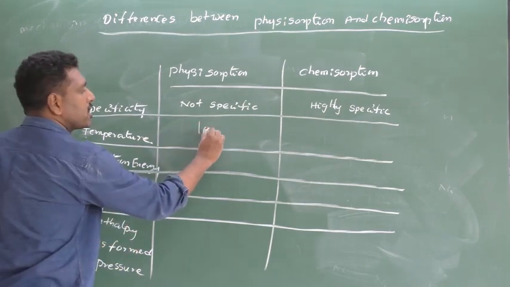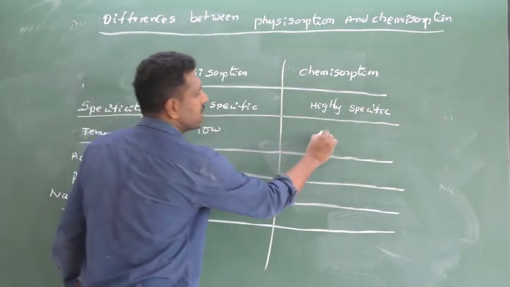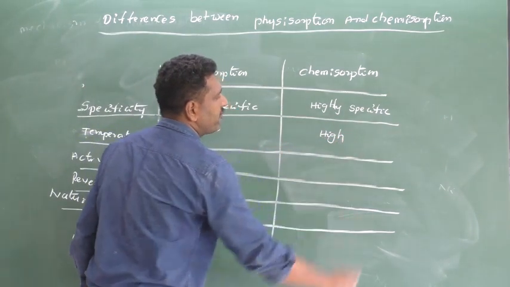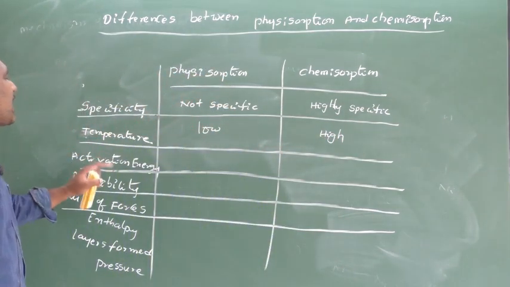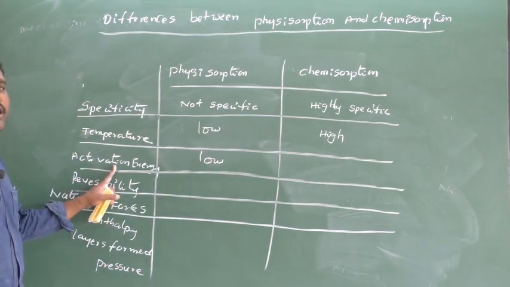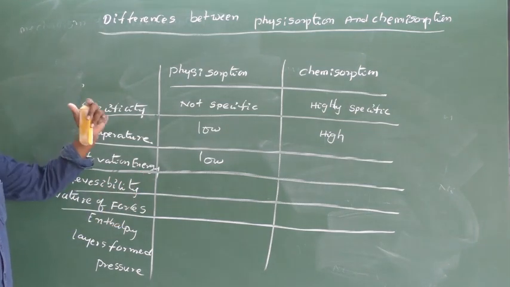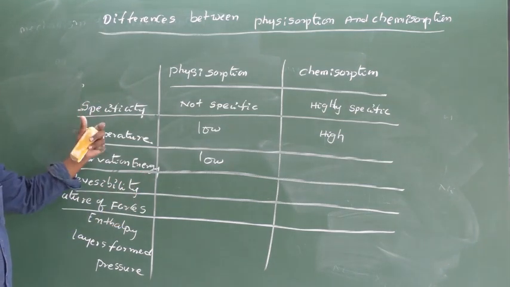Temperature. Low temperature is favorable for physisorption. High temperature is favorable for chemisorption. Activation energy: what is activation energy? The minimum energy required to reach the threshold state, to enter the activated state.